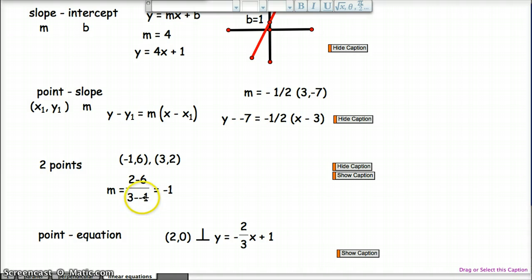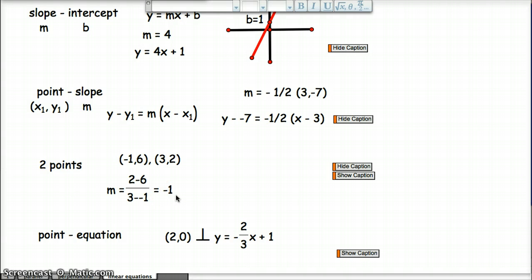Okay, that's not part of the formula now. And I end up reducing, I get 2 minus 6 is negative 4 over 3 plus 1 is positive 4, so I have negative 4 over 4 is negative 1.